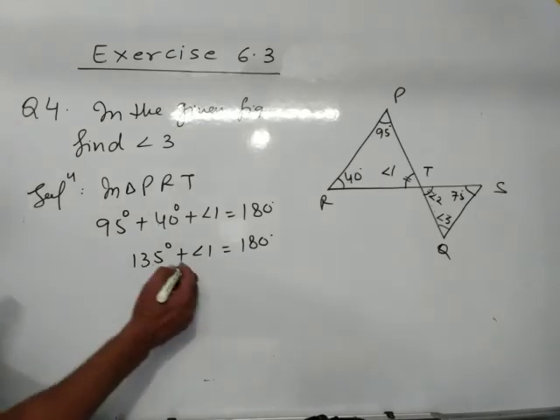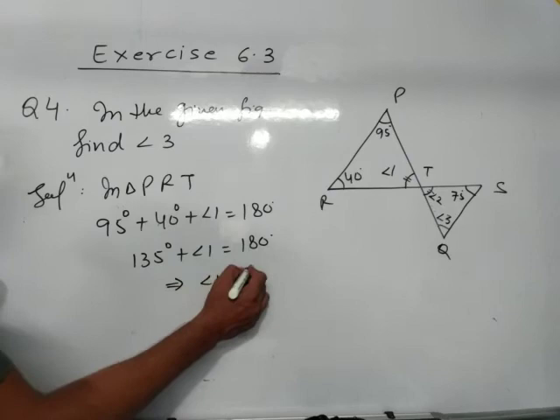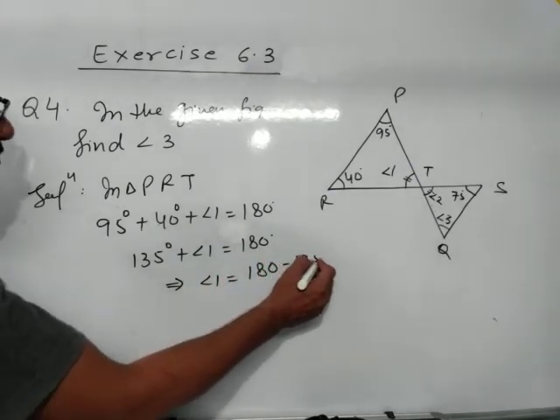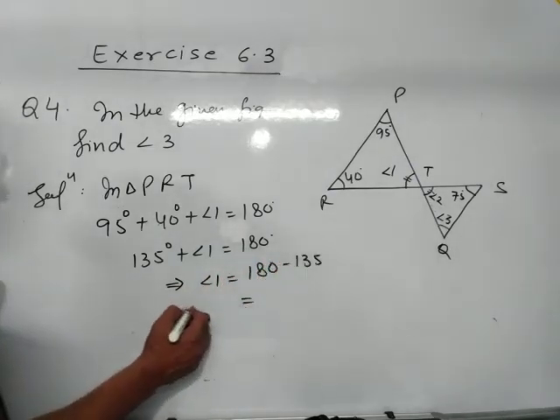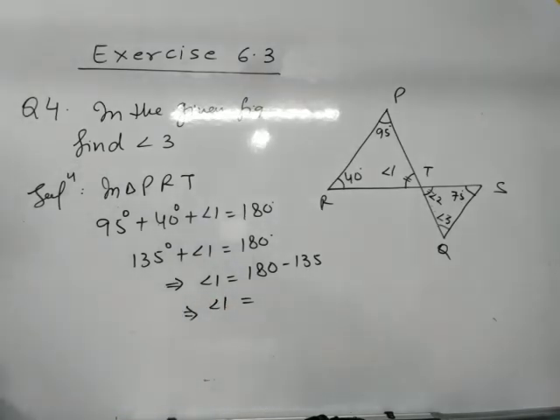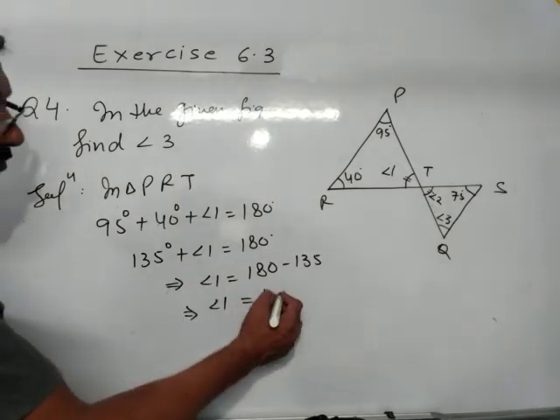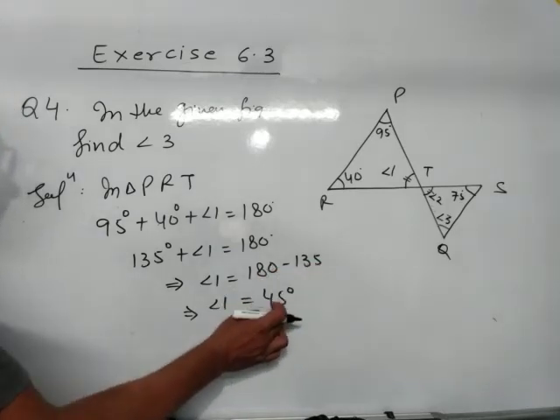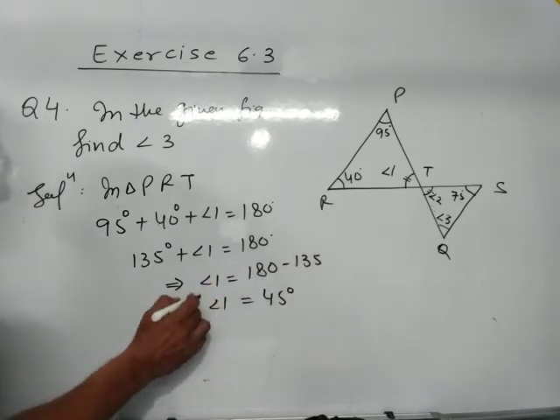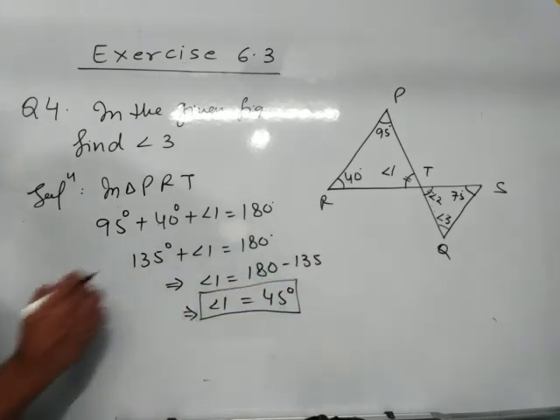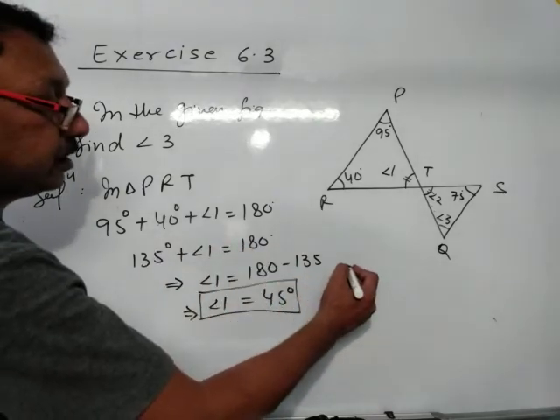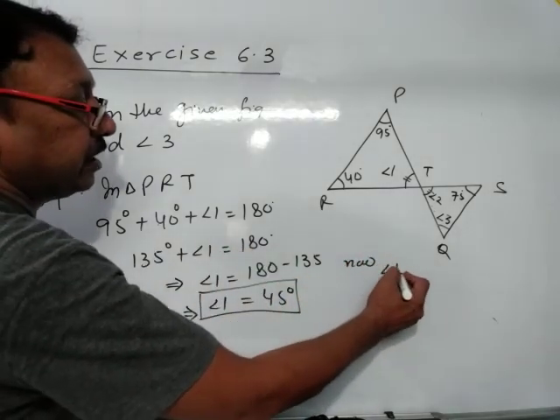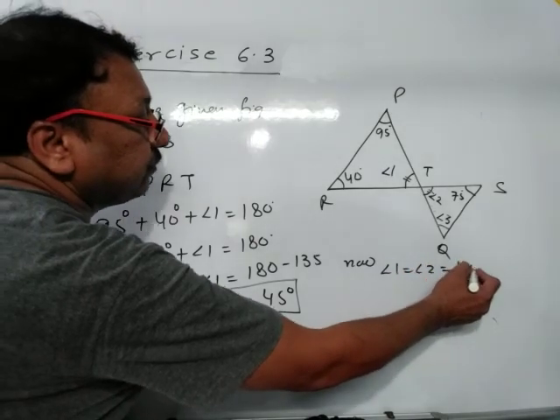Then angle 1 is equal to 180 minus 135, which is 45. 10 minus 5, 5. 7 minus 3, 4. 1 minus 1, 0. Angle 1 we have got is 45 degrees. Now angle 1 is equal to angle 2 is equal to 45 degrees.